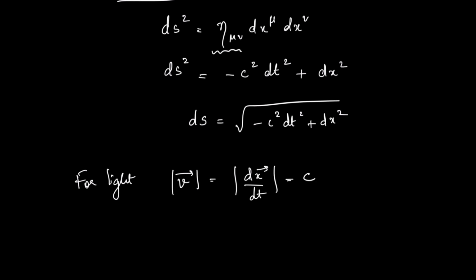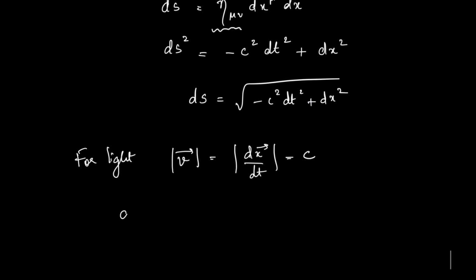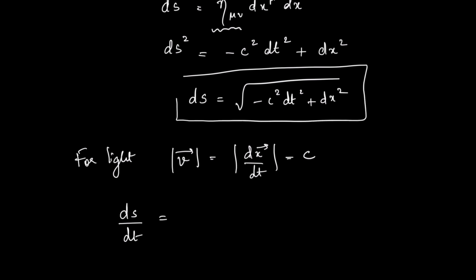It's a constant. Then ds by dt, I have to divide both sides by dt. Then I'll get root of minus c square plus dx by dt whole square.